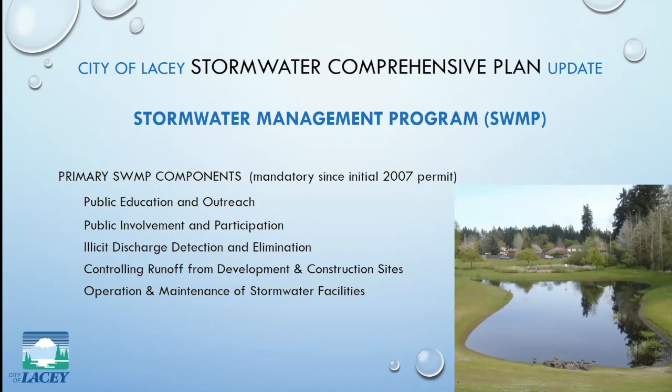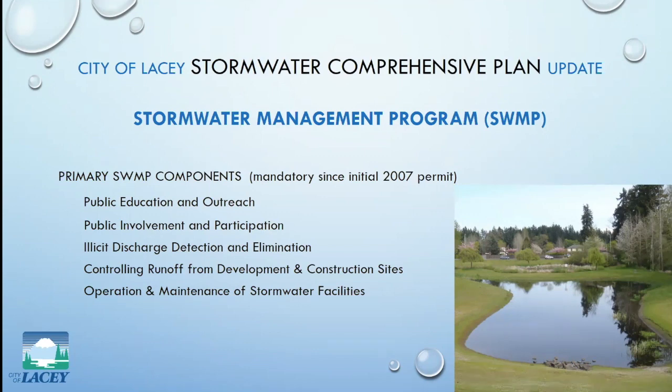Public involvement and participation includes things such as this webinar, where we invite your review and feedback on this comp plan. Illicit discharge detection and elimination, or IDDE as we call it. For example, you may have seen the curb drain markers, and they'll refer to only rain down the street drain, which is a part of a broad campaign to keep pollutants out of the storm drain system.